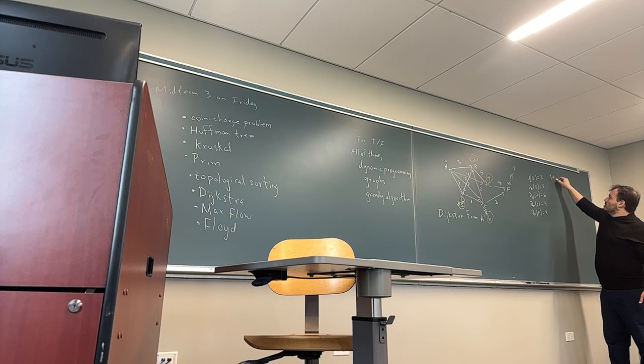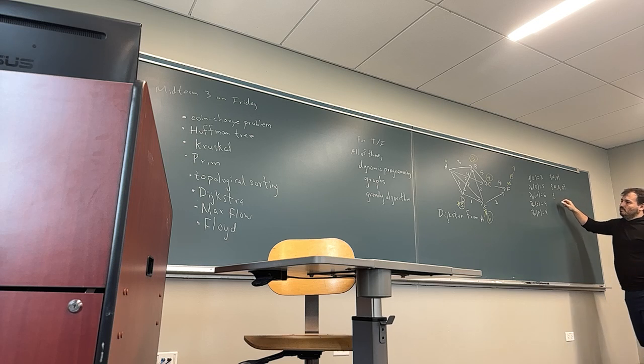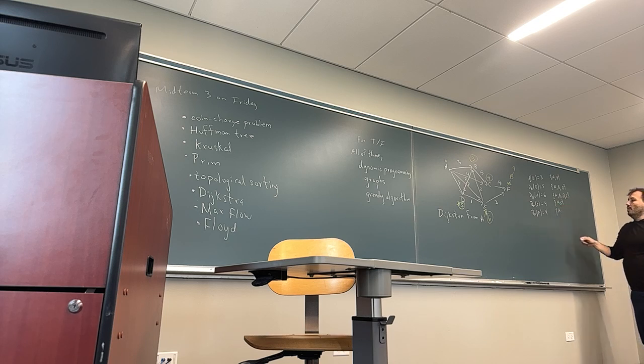Here the path is just A to B. Here the path is A to B to D. Here the path is A to B to D to E. Here the path is A to C. And here the path is, oh wow, A, B, D, E, F.